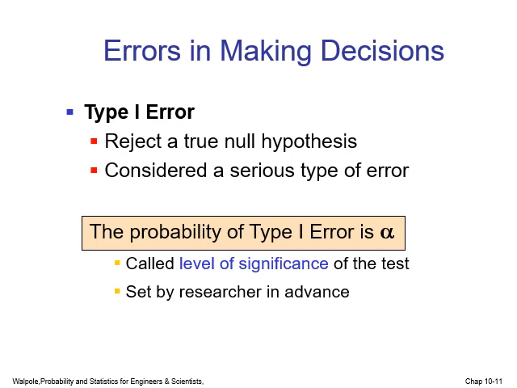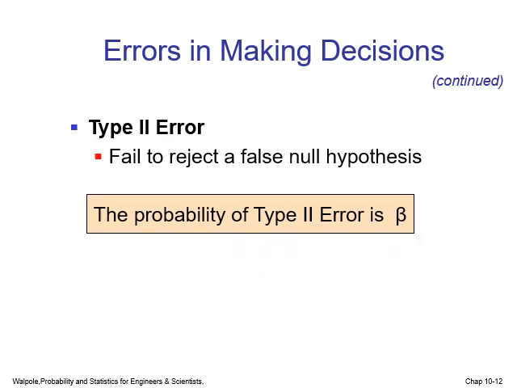The probability of type 1 error is denoted with the Greek letter alpha, and it is also called the level of significance. The other type of error is when we fail to reject a false null hypothesis. This non-rejection of the null hypothesis when it is false is called a type 2 error.